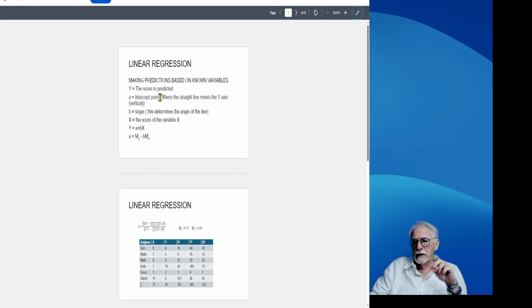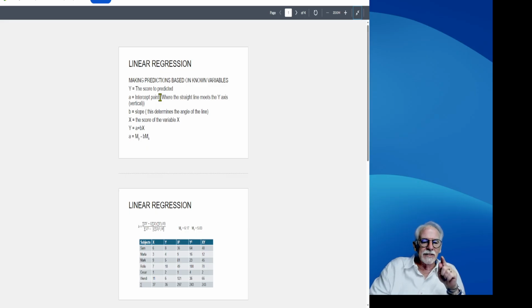We don't know your SAT score, but we do know your high school GPA. So Y would be the score to be predicted, or your SAT. A is the intercept point where the straight line meets the y-axis. I'm going to show you that in a second. B is the slope that determines the angle of the line. X is your score, or in this case, your GPA.